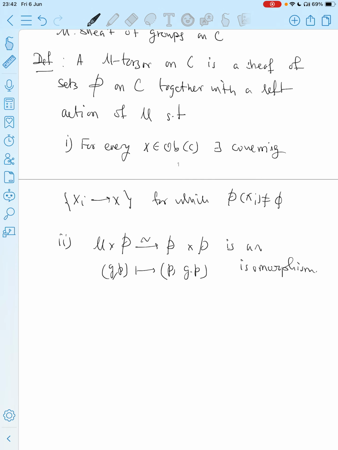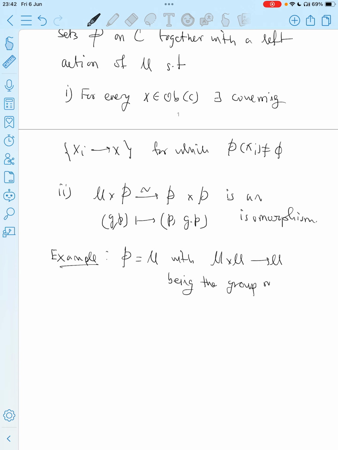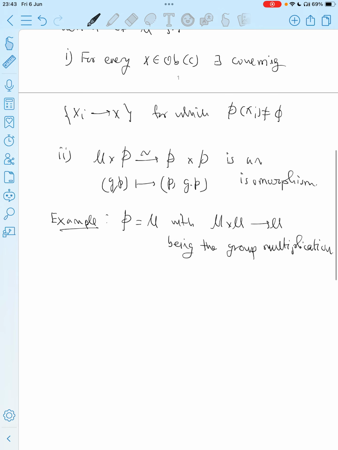So in particular, as an example, you may take P itself as mu with the action being the group multiplication. So that gives you what's called the trivial torsor.